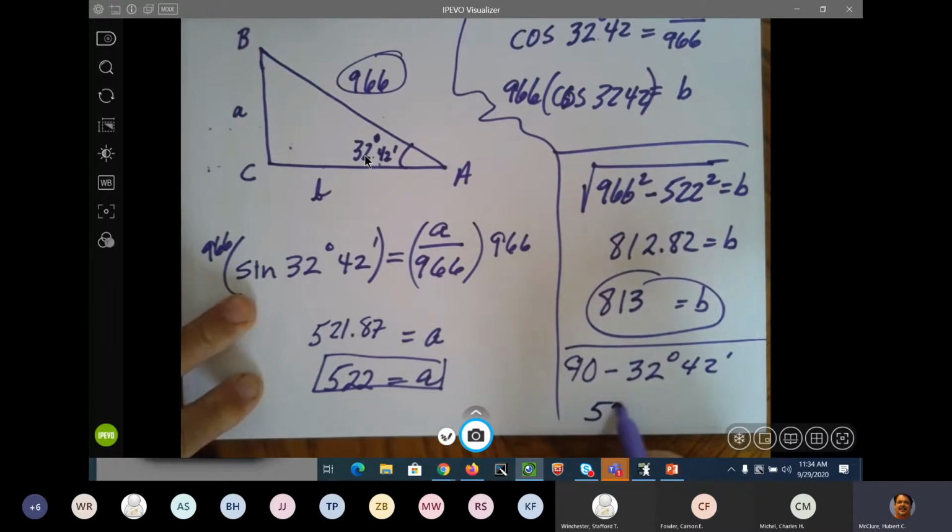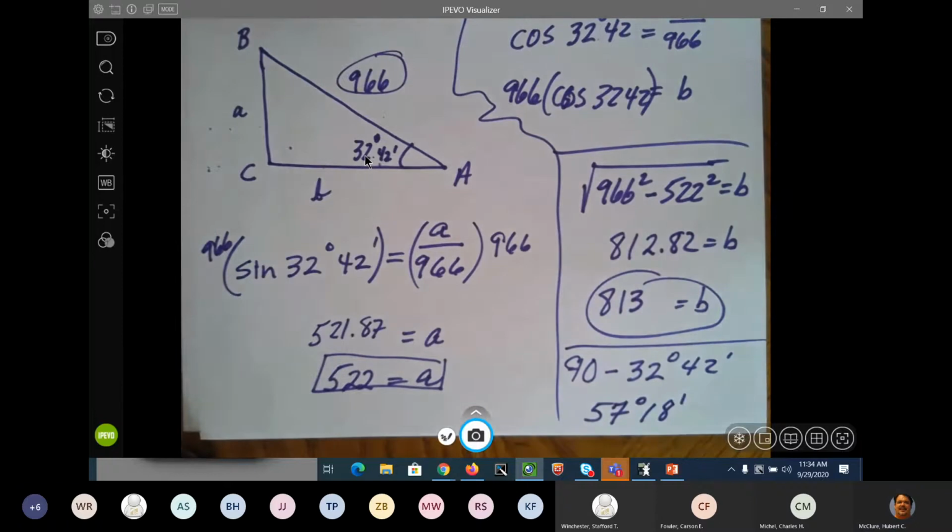Somebody check my math. Somebody tell me if 90 minus 32°42' is 57°18'. Let me know if it's wrong.